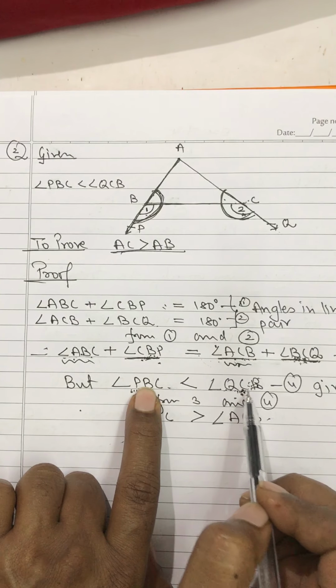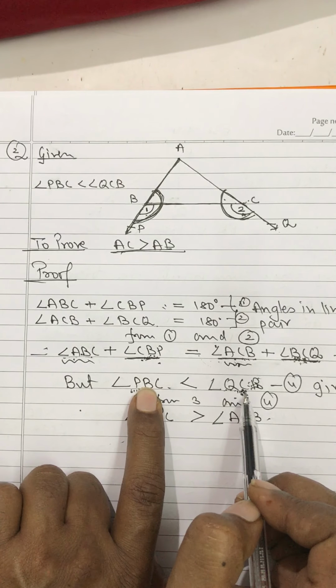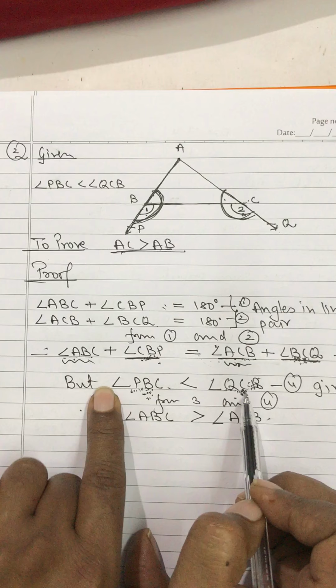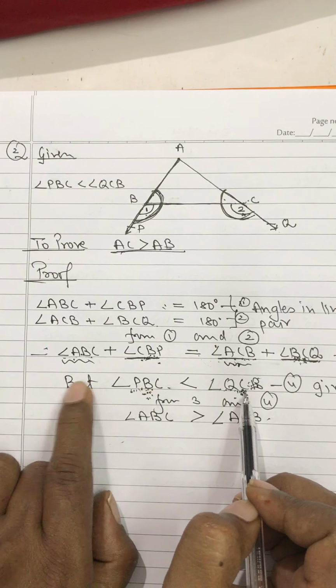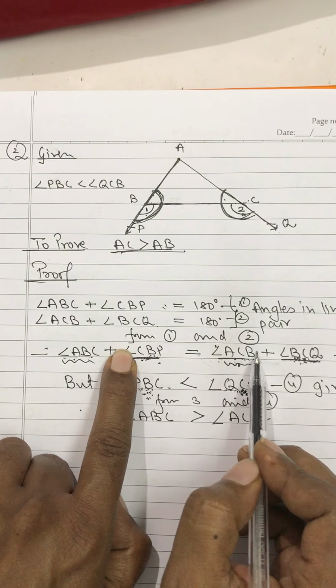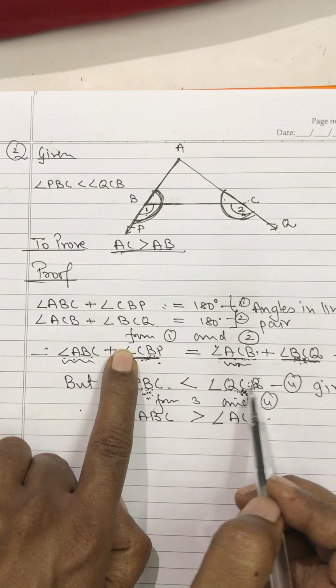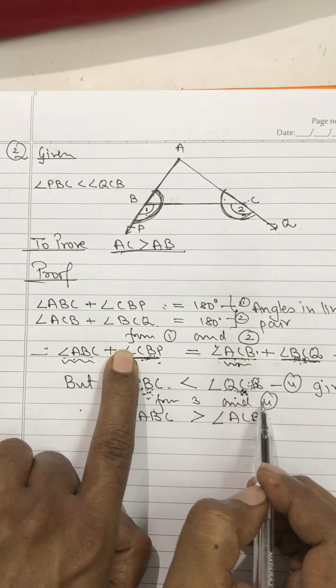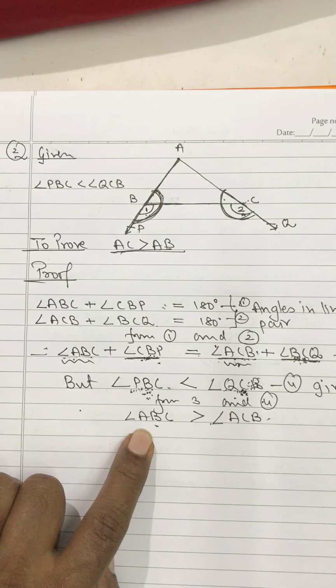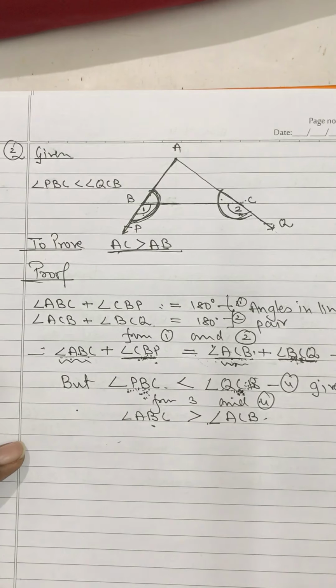Because what got added to this greater was actually smaller in quantity, and what got added to this smaller was actually greater in quantity. That's why after addition this one became equal, and this one also became equal, because the one who came and met him was actually smaller, the one who came and met him was actually greater. That's why angle ABC has to be greater than angle ACB, and this is very important logic.